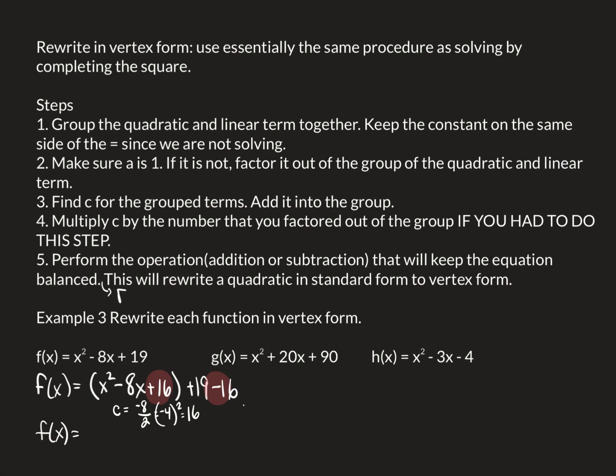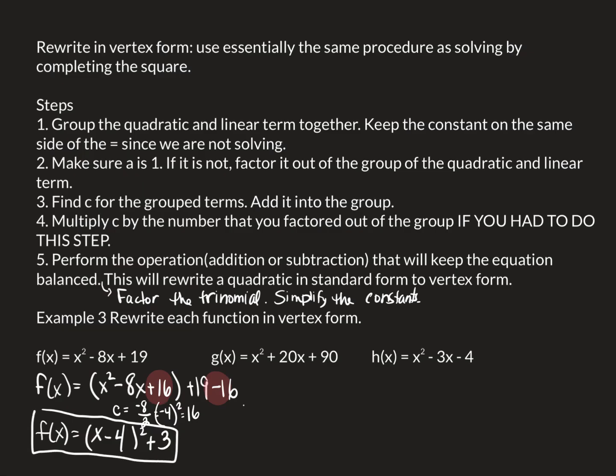You're going to factor the trinomial and simplify the constants, because you're going to have 2 there most of the time. So factor that trinomial into a binomial squared. It would be the middle variable minus the answer you got when you divided by 2, and then plus 19 minus 16 is 3. So that is my equation in vertex form.